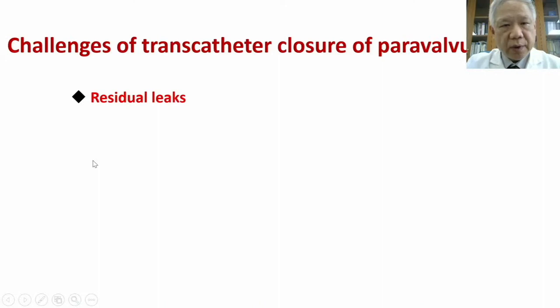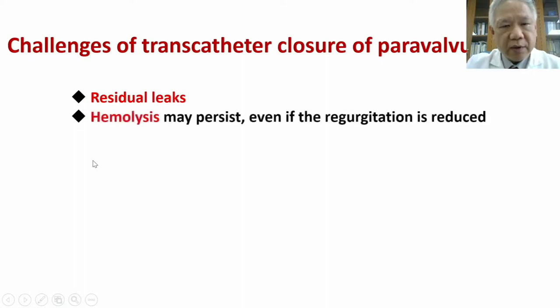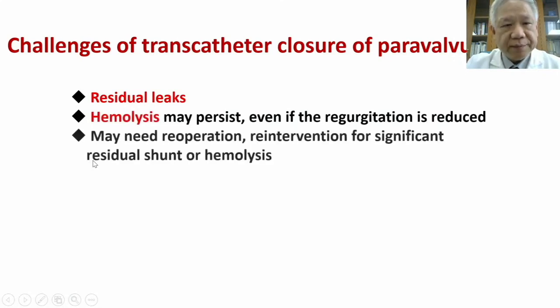However, doing transcatheter closure of PVL is not without difficulty. Sometimes we will encounter some challenges. The challenges for PVL closure are residual leak and hemolysis, which may persist even if the PVL is reduced.